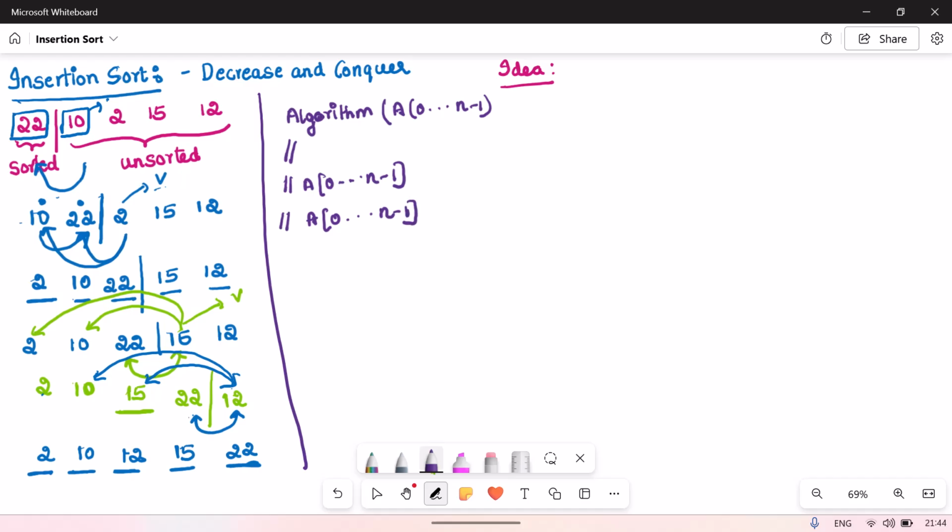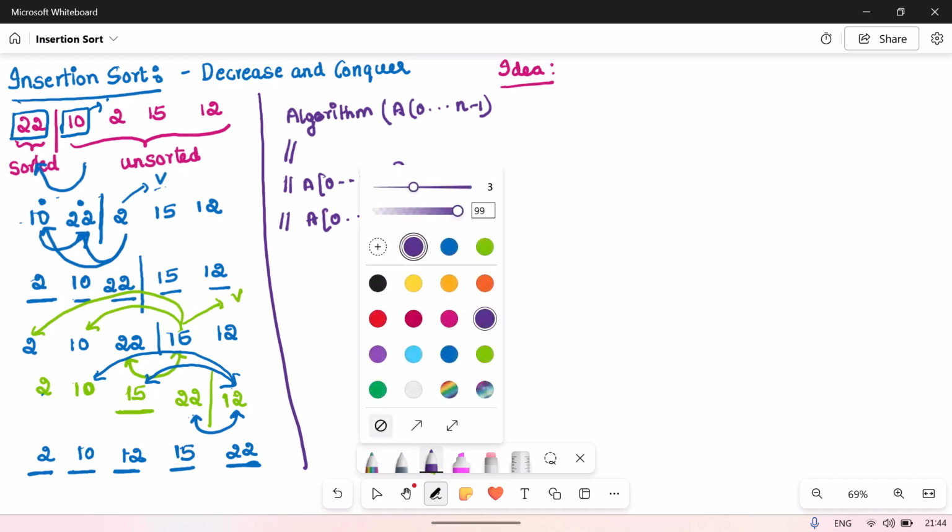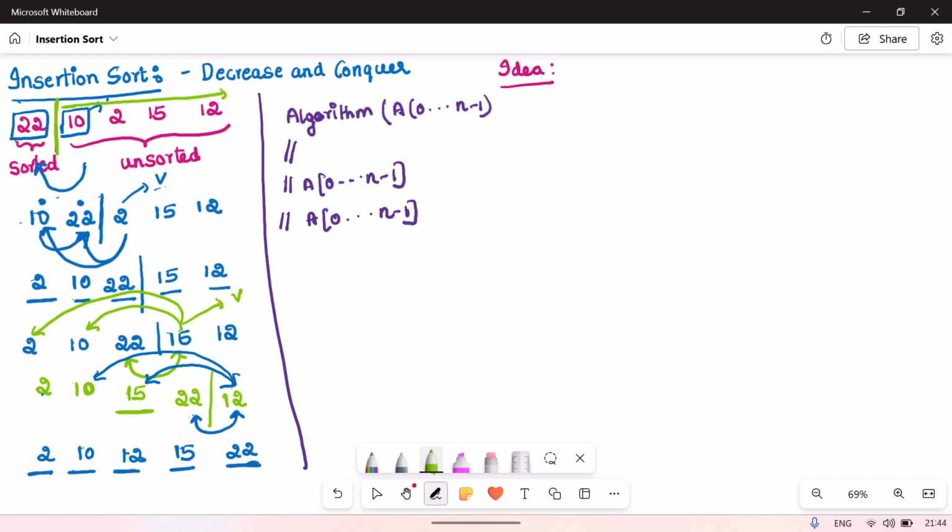If you remember, at the initial stage, the elements from here were considered unsorted, right? If I take the index, this is 0, this is 1, this is 2, 3 and 4. The comparison started from 1 of the unsorted list. So the first statement is for I equal to 1 to n minus 1, because the 0th element we assume is already sorted.